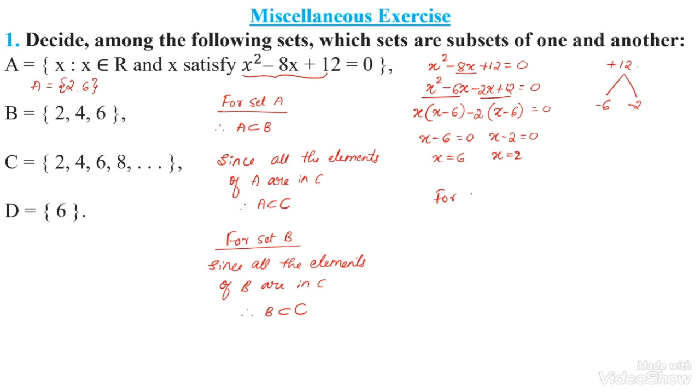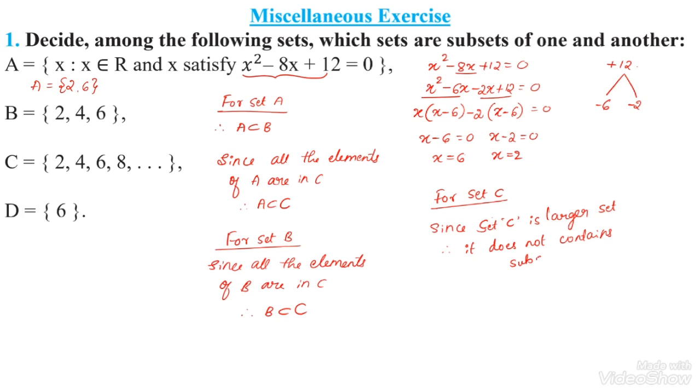I will write here for set C: since set C is the larger set, therefore it does not have any superset.